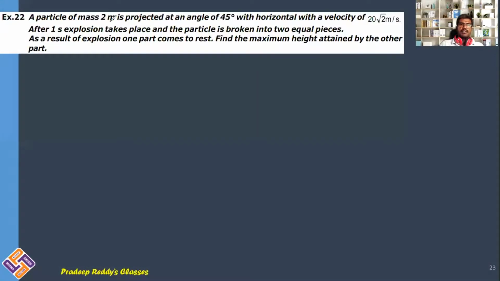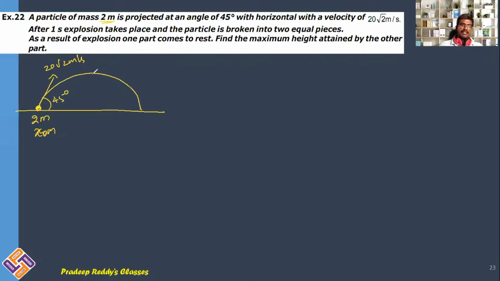A particle of mass 2m is projected at an angle of 45 degrees with the horizontal. This mass is 2m and initially the center of mass is at this position, and it is projected with a velocity of 20 root 2 meter per second, at an angle of 45 degrees, and after 1 second the explosion takes place.